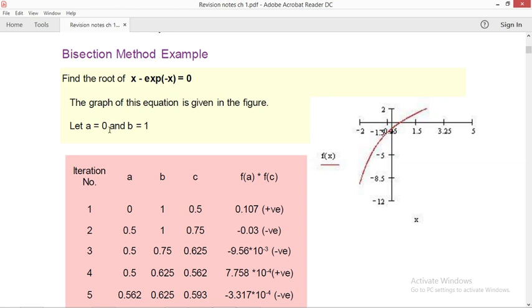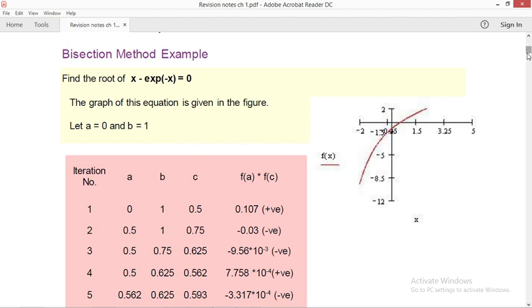So when we put a equals to 0, we got the answer to be -1. And then when we put x equals to 1, we got a positive answer. So with that combination of negative and positive, we say that the root is going to lie between this interval a equals to 0 and b equals to 1.